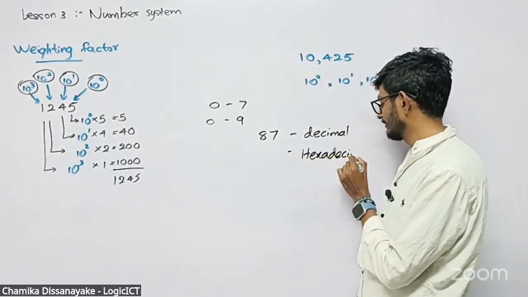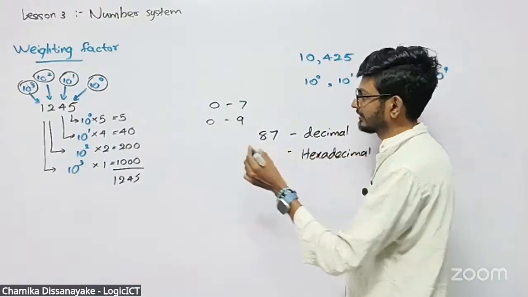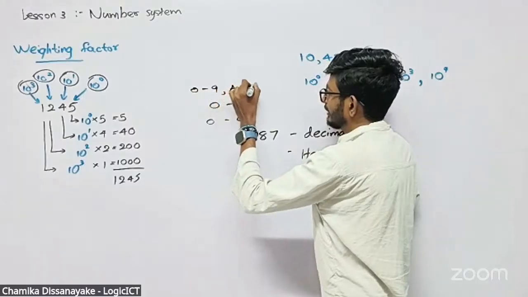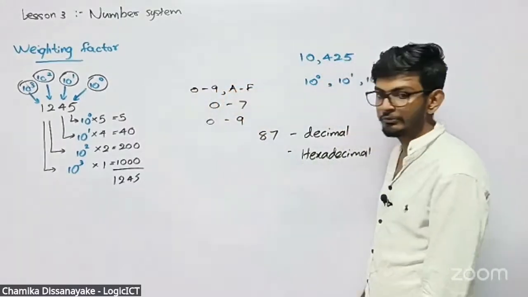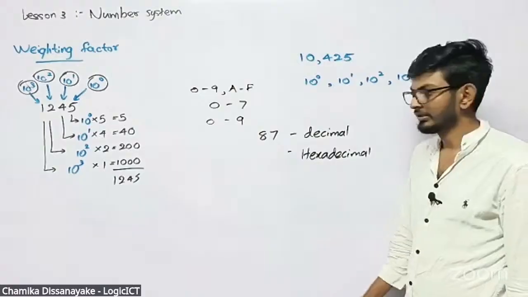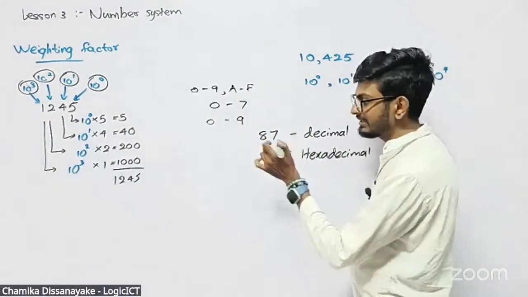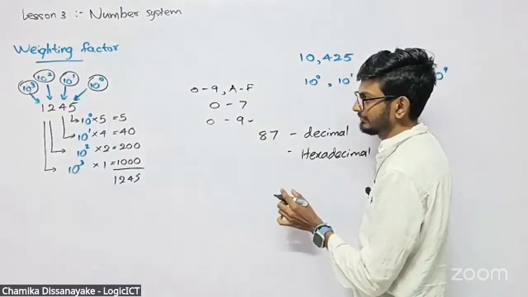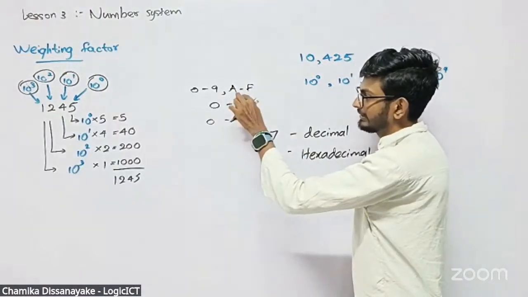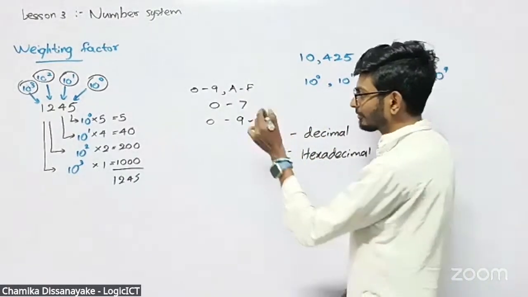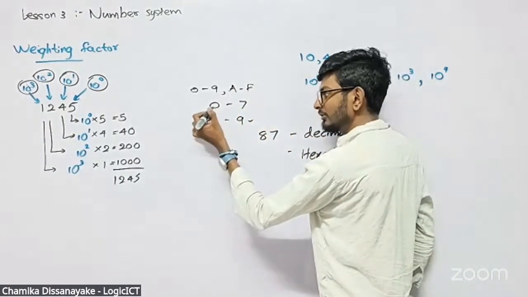Hexadecimal, you know, in the hexadecimal, we have 0 to 9 and also A to F symbols. That means here, if we write 8, it can be in the decimal number system and also in the hexadecimal, but it cannot be in the octal because in octal we have 0 to 7.